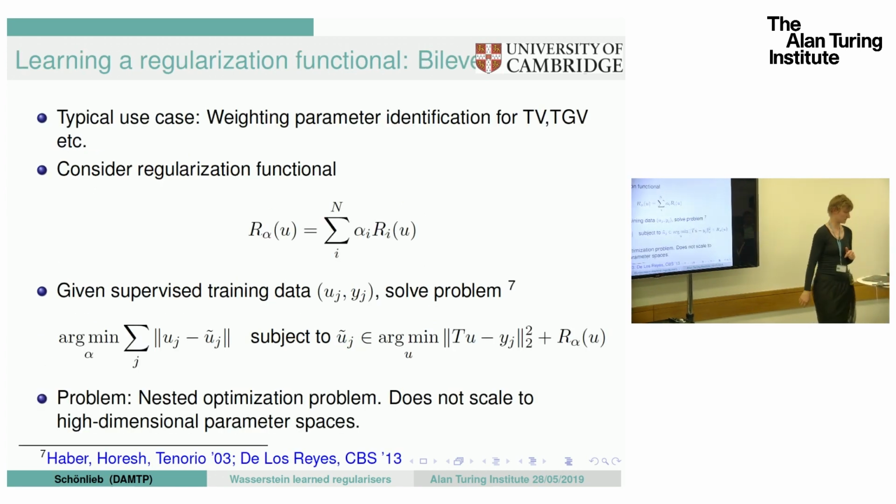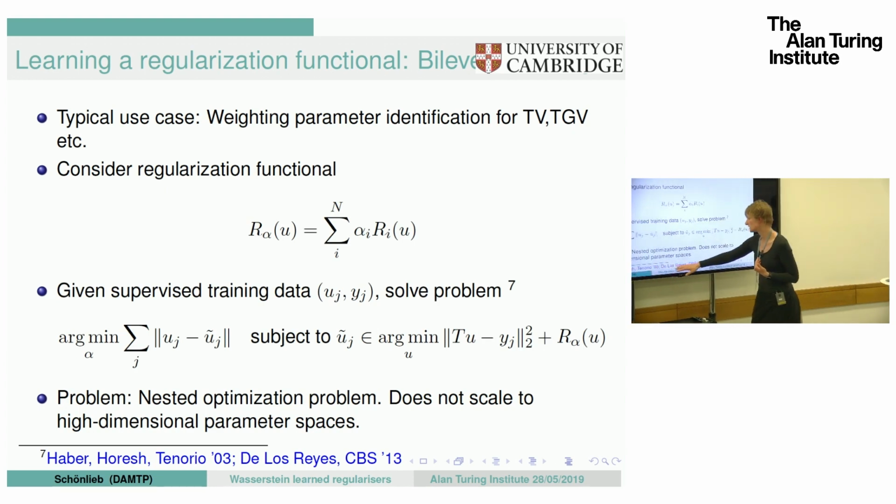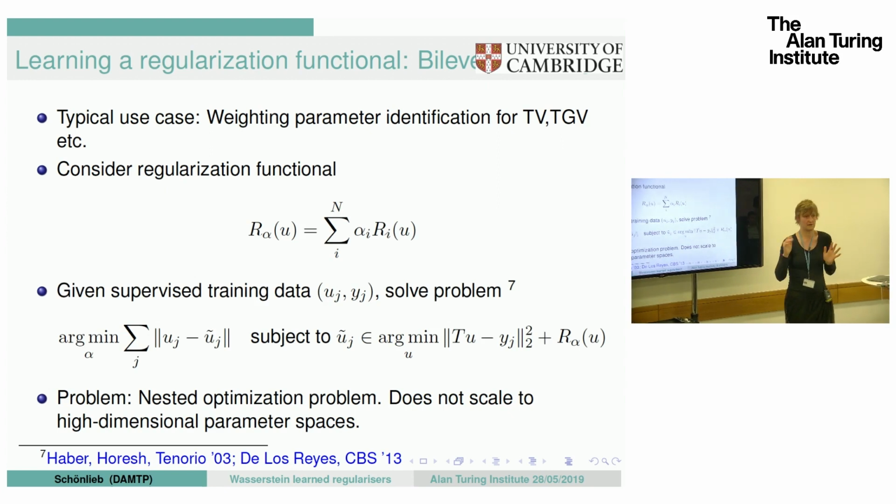And how do we do this? Well, I mentioned briefly before that one thing that some people have thought about, including myself, is learning the regularizer in the context of a bilevel optimization problem. So you parameterize your regularizer in a certain way. This could be parameterized by a neural network, but by anything you want.